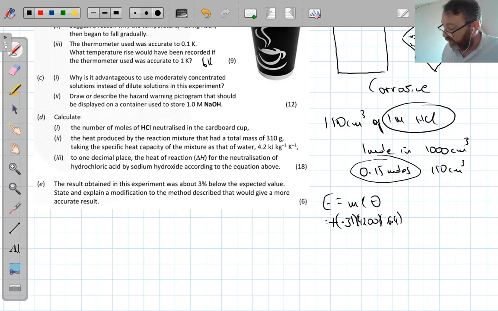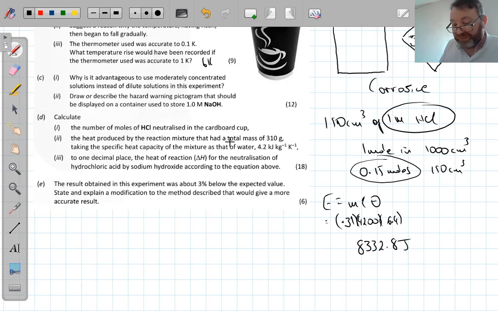So let's multiply those out. 0.31 multiplied by 4,200 multiplied by 6.4 works out as 8,332.8 joules.